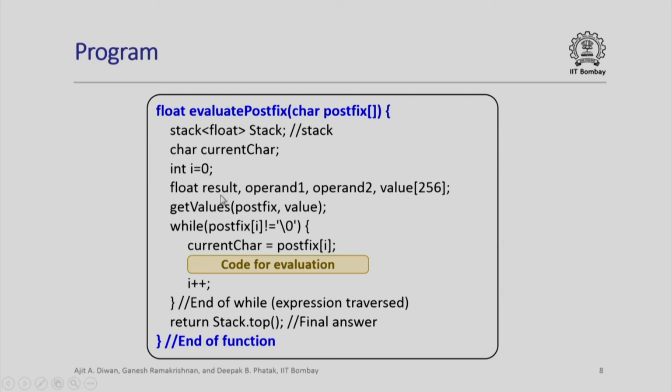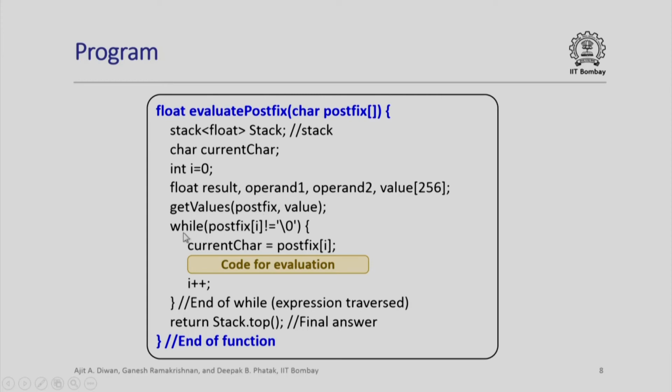We of course will require result, operand 1, operand 2, and remember the array of values of size 256, which will contain some elements with appropriate values corresponding to the operands that we have encountered in the postfix array. Please remember, before coming here we would have already collected the values in this array. By get values, given the postfix string and the value array, this will get all the values from the user.